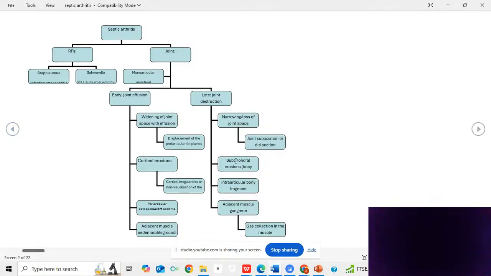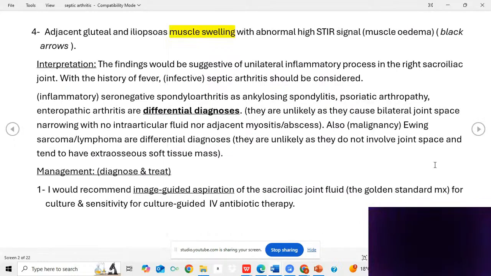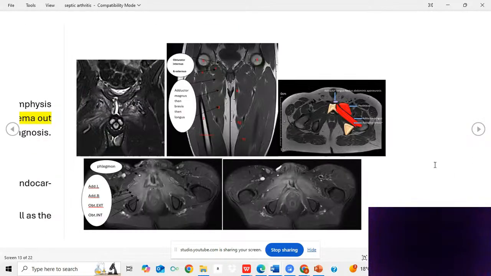However, subchondral, not cortical erosion, is a sign of late septic arthritis, and after bone destruction, you will find intra-articular bony fragment.